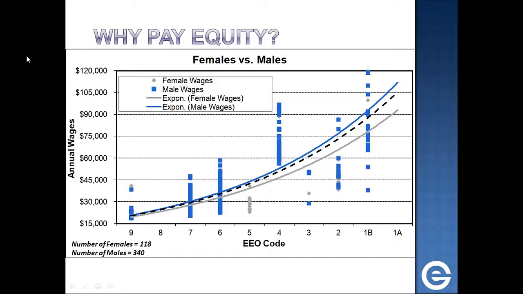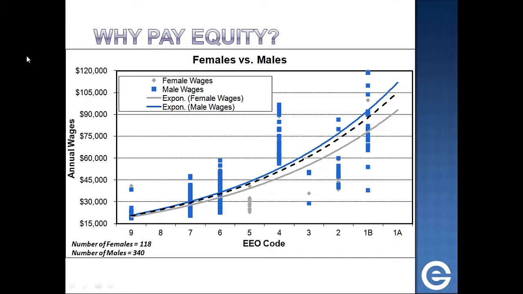Now you see where a lot of the females fall under the admin support worker, and they do not have any males in that particular category. But you can see that the females fall below the line across the board except for a couple instances. So we instantly know that we have somewhat of an issue here.